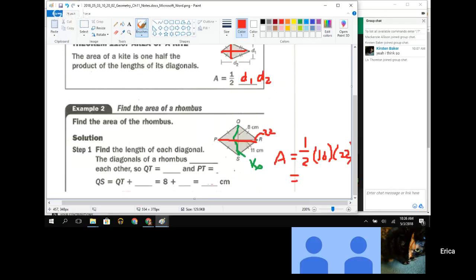And then if you multiply that out, it is 176 centimeters squared.